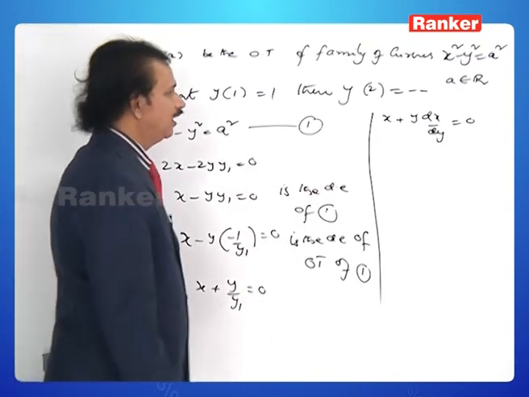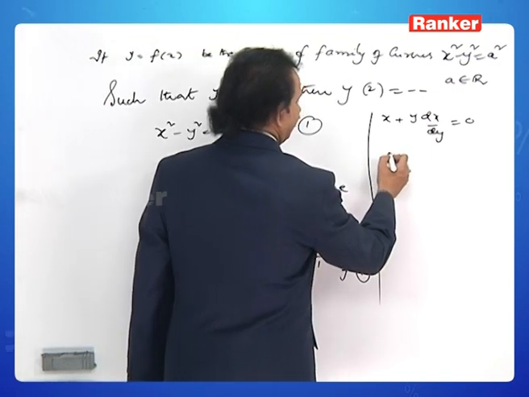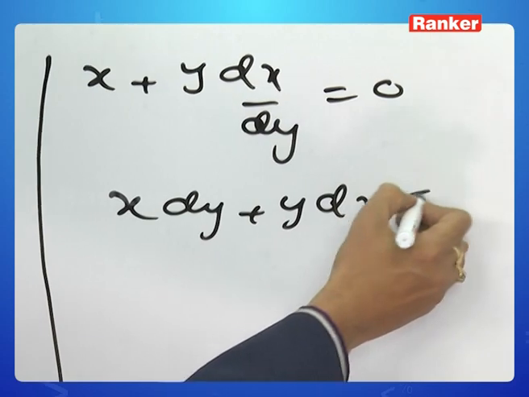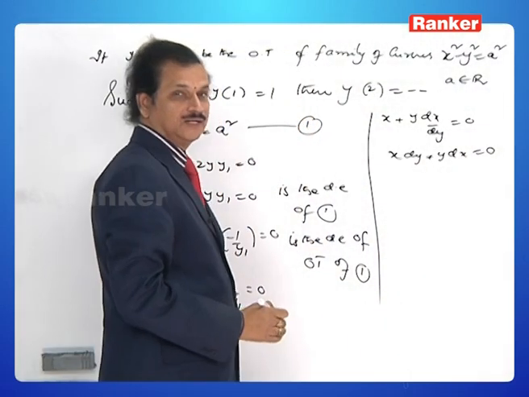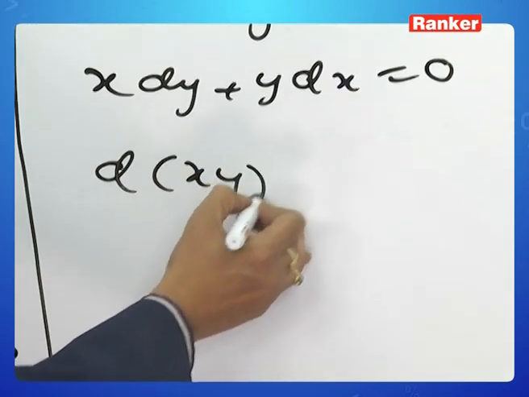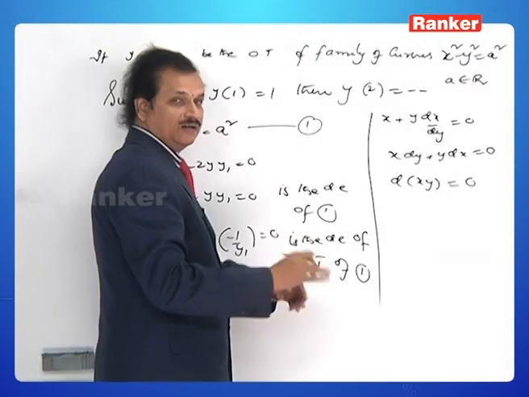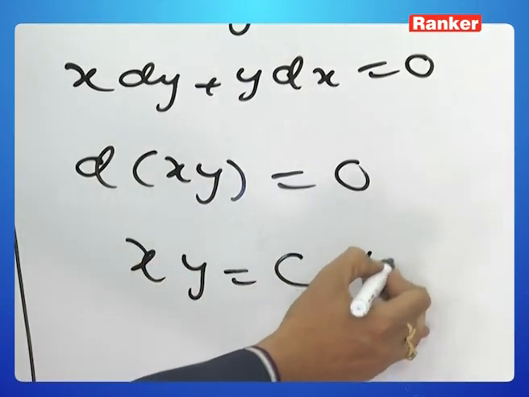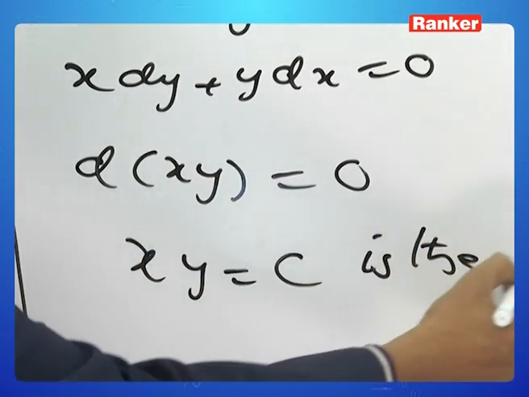Or x dy plus y dx is equal to 0. That is nothing but d of xy is equal to 0. On integrating that, we have xy is equal to c is the OT.